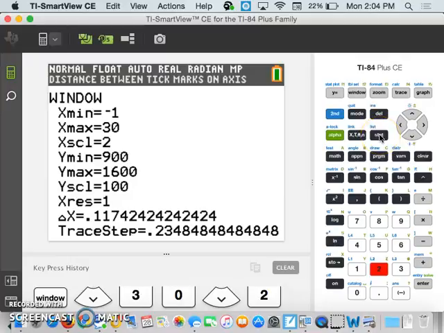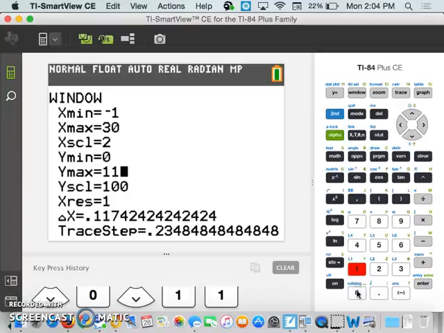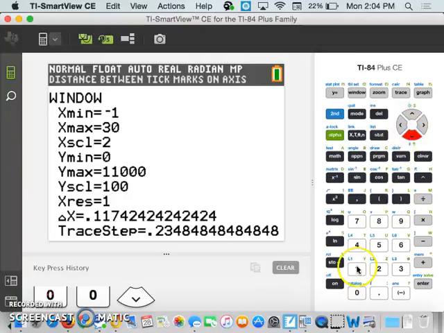And then in my number of cars, I go all the way from 100 all the way up to 10,900. So Y min should probably be 0. And then how about the Y max be 11,000? And counting by, I don't even think 100 is big enough. I would say counting by 1,000 is probably good. So now my window is all set up.